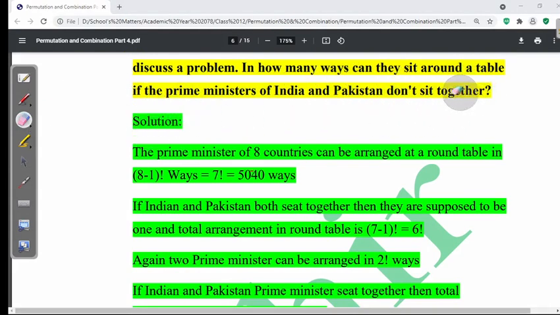Our condition is 8 countries are there. They need to be arranged at the round table. That's why it can be arranged in 8 minus 1, that is 7 factorial, which is 5040 ways. And the second part is, if India and Pakistan both sit together, they are supposed to be 1, and the total arrangement in a round table will be 7 minus 1, which is 6. Again, the 2 prime ministers can be arranged in 2 different ways.